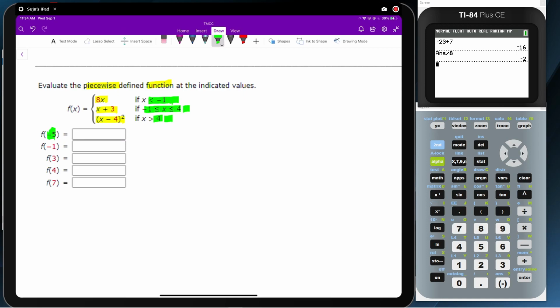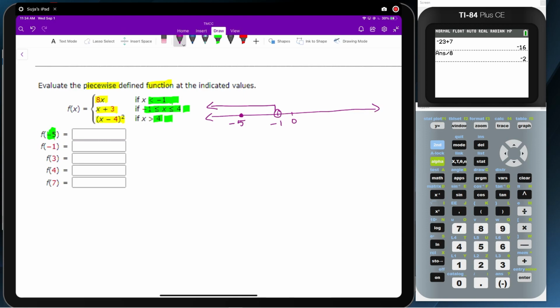Let me draw the number line so that we get an idea. The first piece is going from x equals -1. If this is my 0, this would be my -1, all the way to the left. So -5 is coming somewhere here, right?